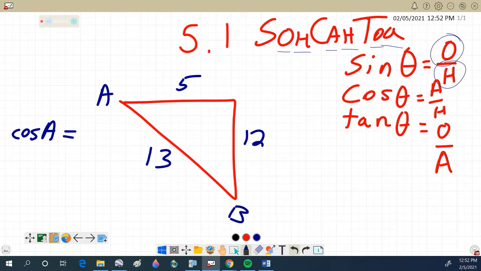So cosine is A over H. If we look at angle A, the adjacent side would be 5, and the hypotenuse is 13. Okay, what about the tangent of B? So we look at angle B, and we need to do the O side divided by the A side. The O side would be 5, and the A side would be 12.